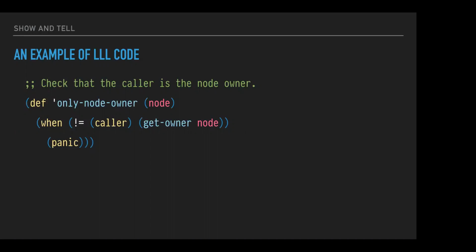One of the operands, the first one, is caller, which is the equivalent of Solidity's... I forget. But anyway, it's the personal contract. What's that? Message.sender. That's the one. Yes.